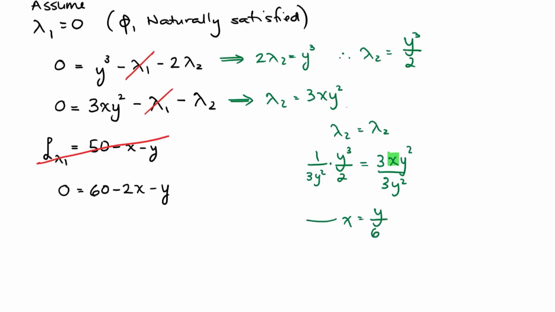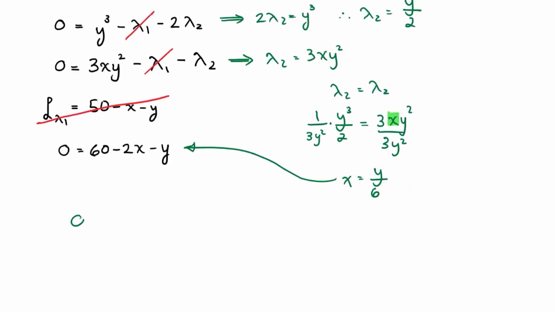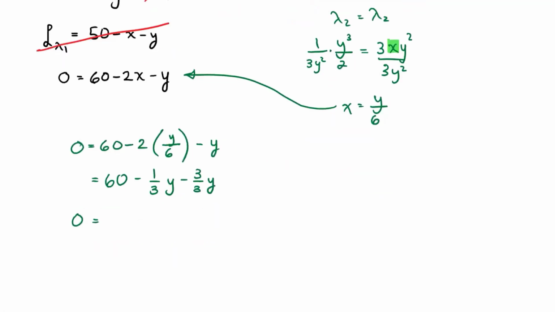So now I'm going to substitute this into my third equation. I get 0 is equal to 60 minus 2 times my x value. I'm going to do the substitution to give it y over 6 minus y. This gives me 60 minus 1/3 y minus 3/3 y. 0 is equal to 60 minus 4/3 y.